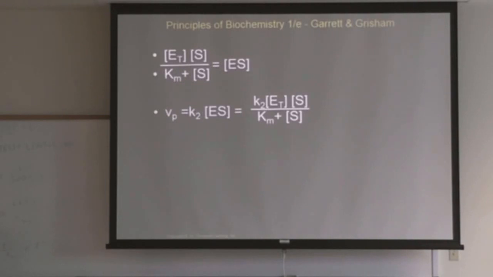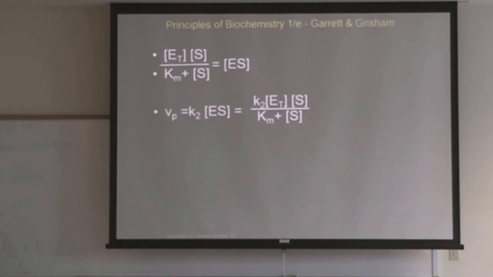Let's multiply Km here, both sides. You have ETS Km equals ES plus ES S. Pull ES out of that, and we have ES times 1 plus S over Km.